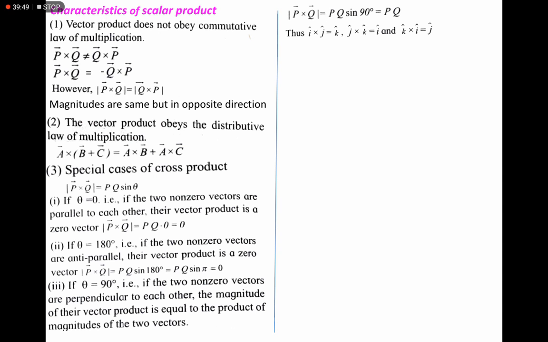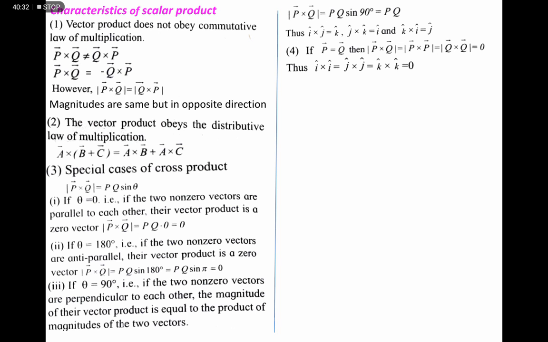If it is in the clockwise direction, it is not like this. If we change the direction of the rotation of the vectors, that is j bar cross I bar, we know that the cross product is not commutative, so this becomes minus k bar.